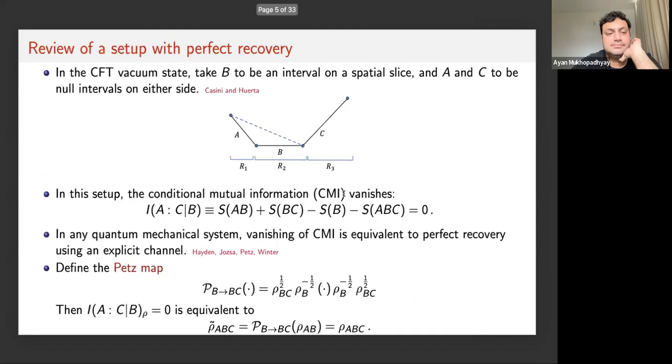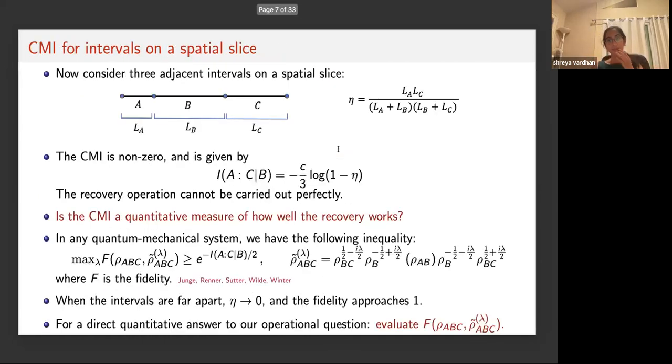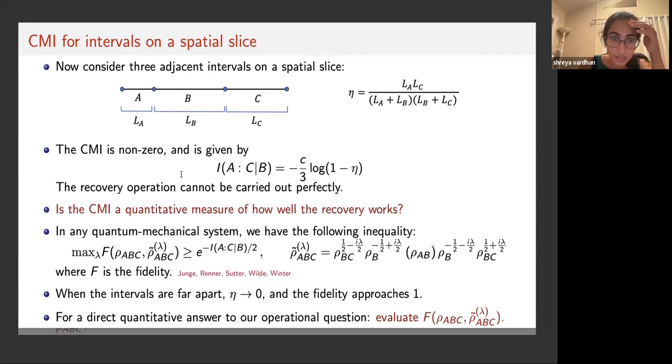I'm not entirely sure if this also works in the case where one of these is null. I would have to check. Yeah, but if you do consider the case where A, B, and C are all on the same spatial slice, then this goes to zero only in the limit where A and C are very far from each other compared to their sizes. Yes.